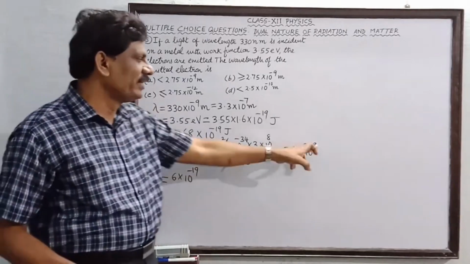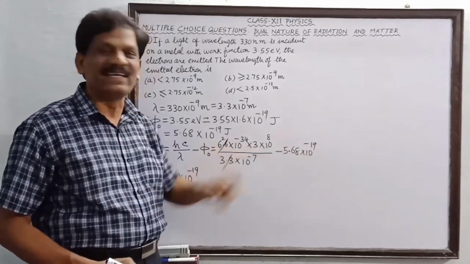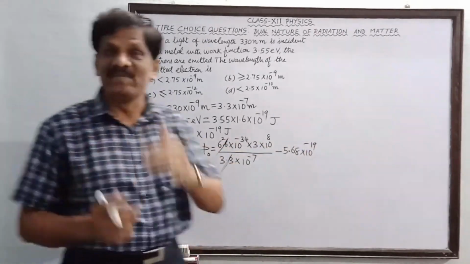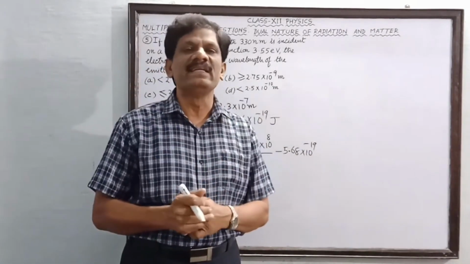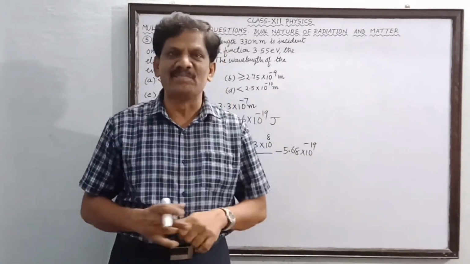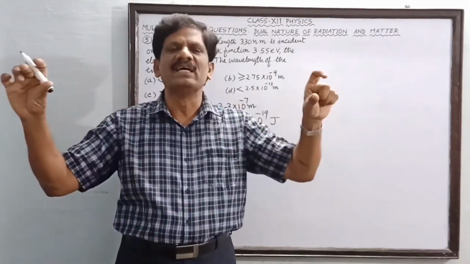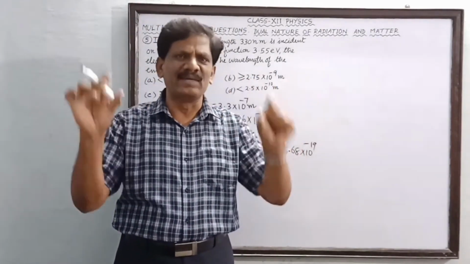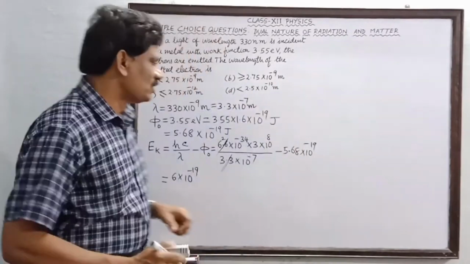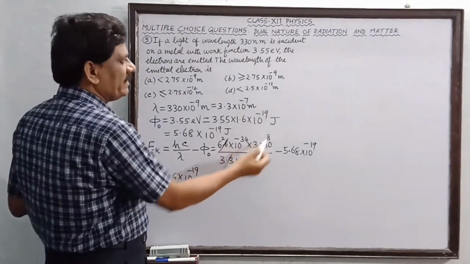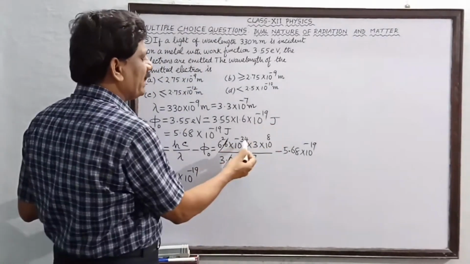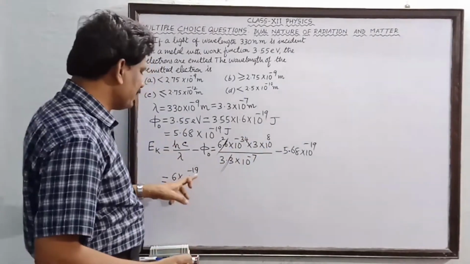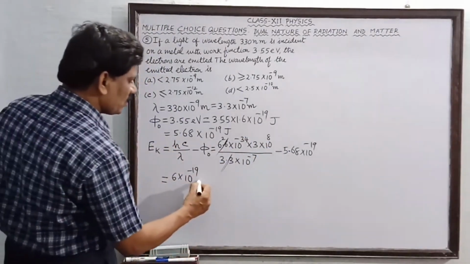Easily it is going to cancel, isn't it? See here, the common factor is 10 power minus 19. Such powers only will come. Suppose 10 power minus 18 is coming, it is a hint that you are doing some mistake. So in such problems, easily cancelling and adjusting numbers only will come. That is the hint. So minus 34 plus 8 plus 7 becomes minus 34 plus 15, that is equal to minus 19.